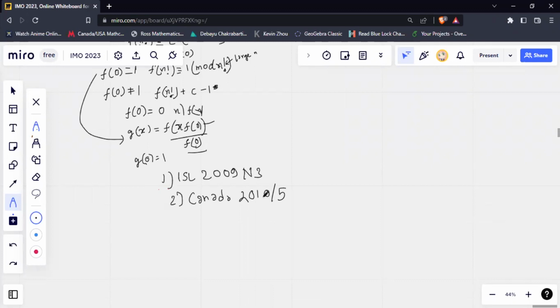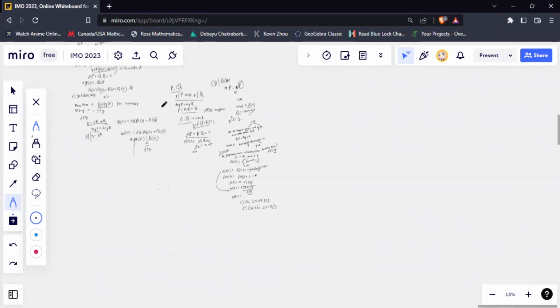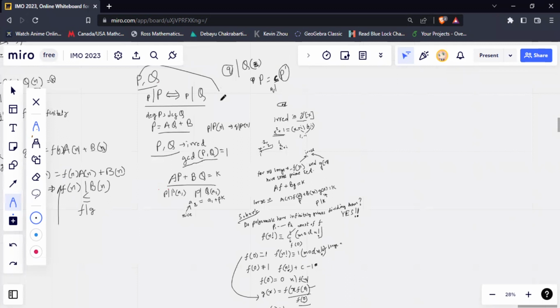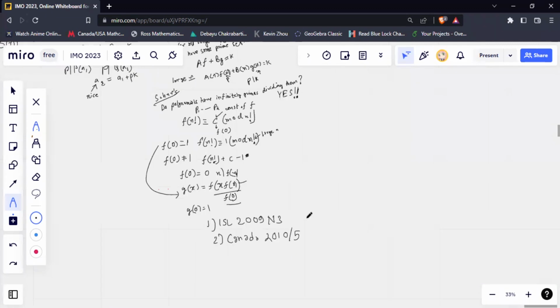It seems they should be equal, but we have to prove it. And we just might not be able to prove it. So yeah, this is quite interesting.